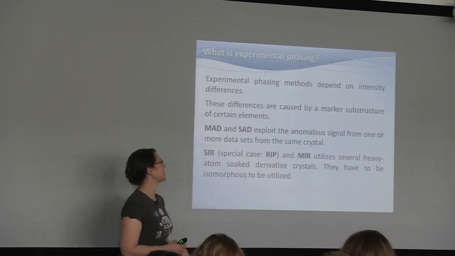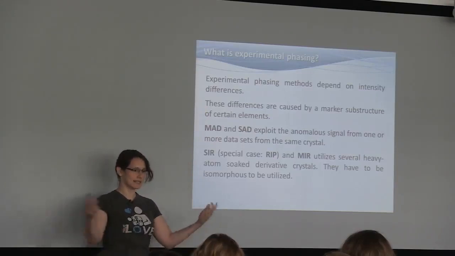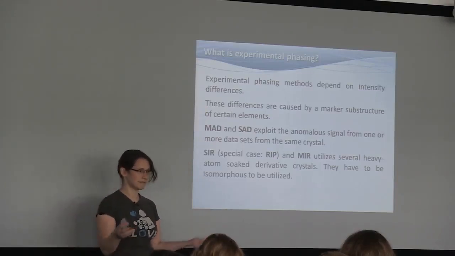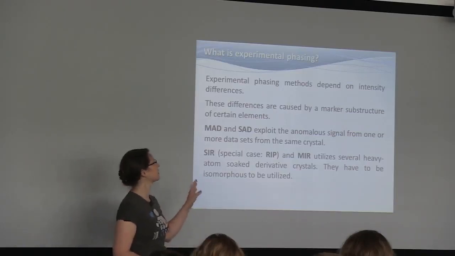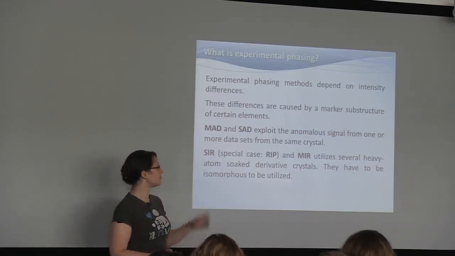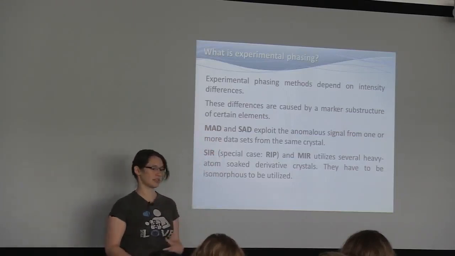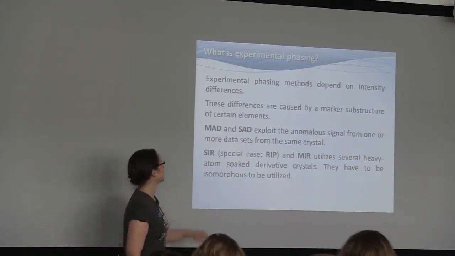Experimental phasing methods depend on intensity differences. These differences can come from different effects, but all experimental phasing methods depend on intensity differences. These differences are caused by a marker atom substructure, referred to as the substructure, the heavy atoms, the markers, whatever.